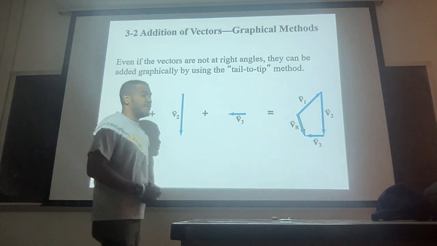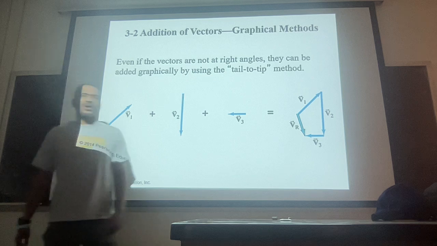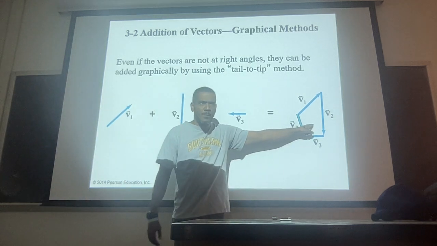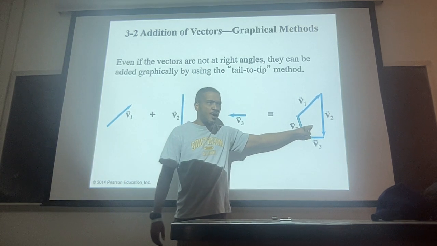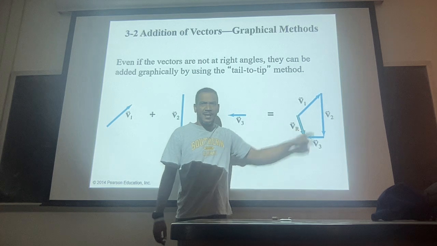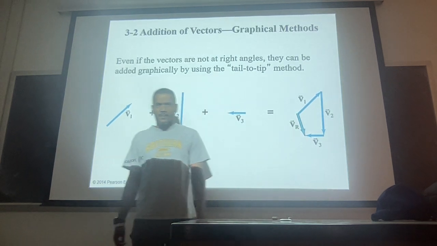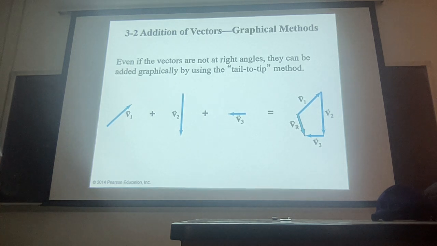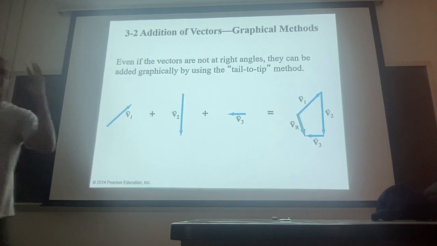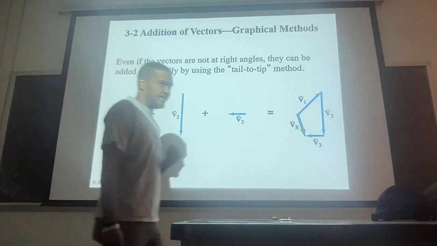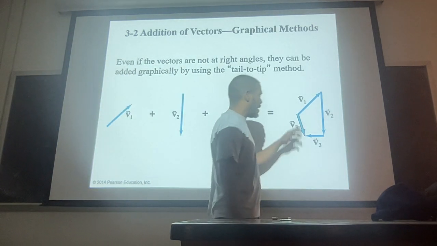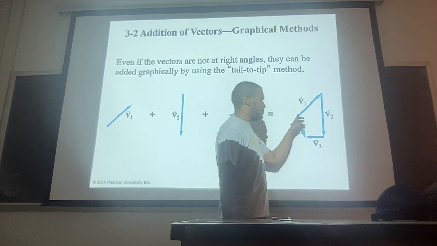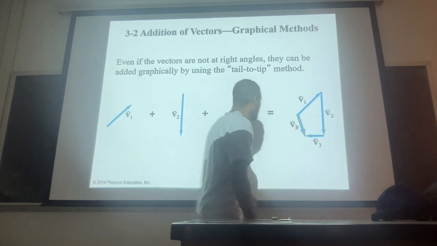So here I have 3 vectors. So what do I call this? A 4-sided polygon. I added 3 vectors, so I ended up with a 4-sided polygon. And I did tail to tip on this V1.